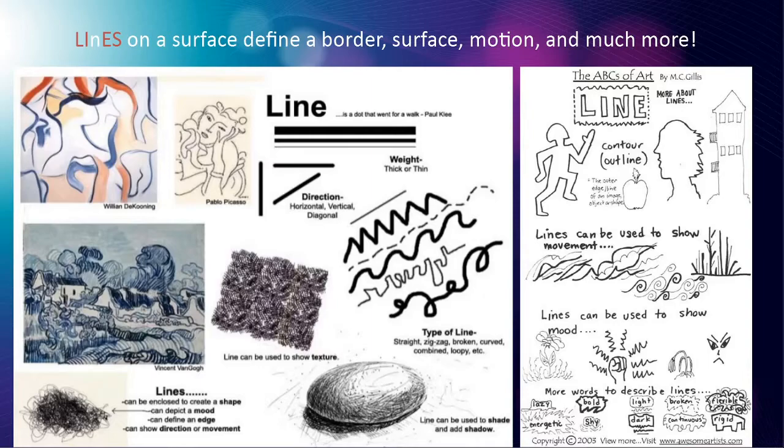A couple other examples there, like squiggles. You can just have a squiggle of lines, and that can be something. And then if you start organizing your lines, you can start to shade things and create more 3D depth to them. And then this other image is showing some more examples of that. The contour or the outline of something is a very simplistic line, but you definitely see a person there, and an apple, a profile, and a house, right?